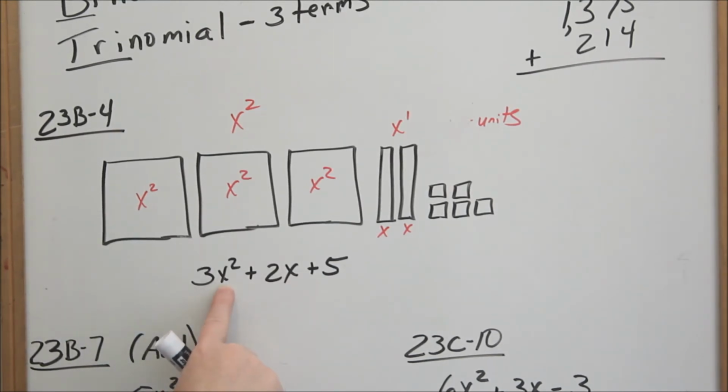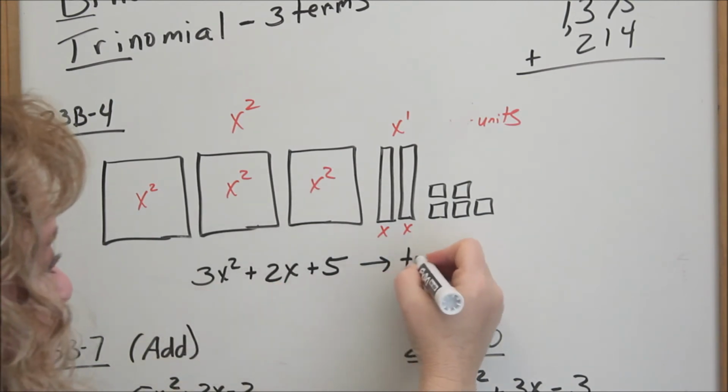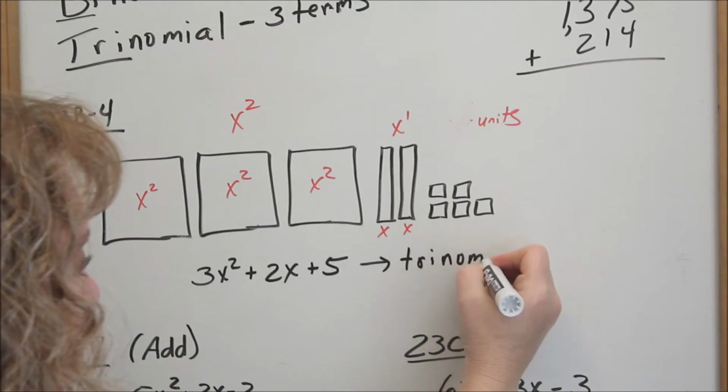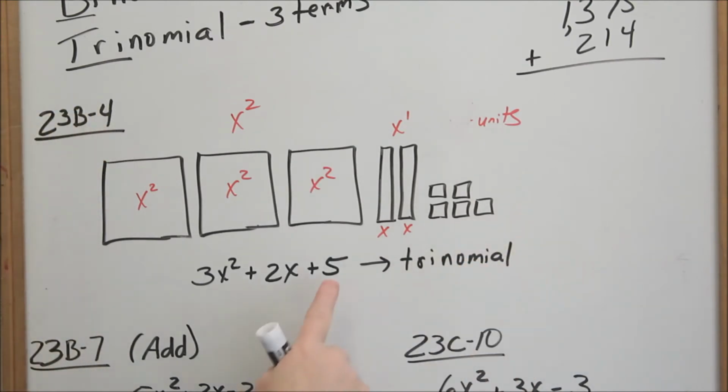We can't add x squares to x's, and we can't add x's to numbers. This is like apples, bananas, oranges. You cannot add them together. There are 1, 2, 3 terms. So this right here is actually called a trinomial. So this is what I mean by terms. That's a term, that's a term, that's a term. Terms are all added together.